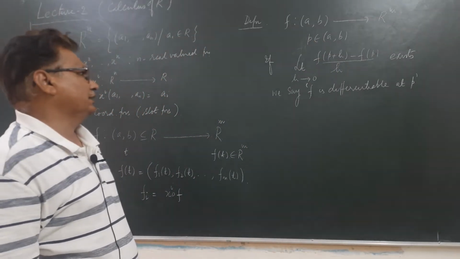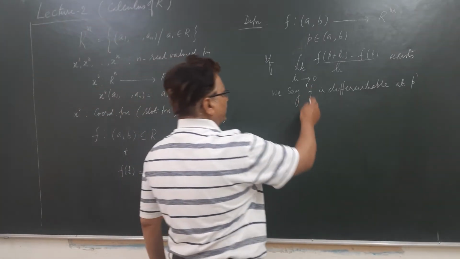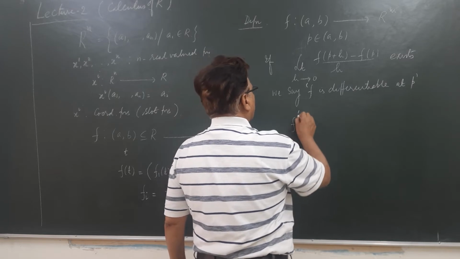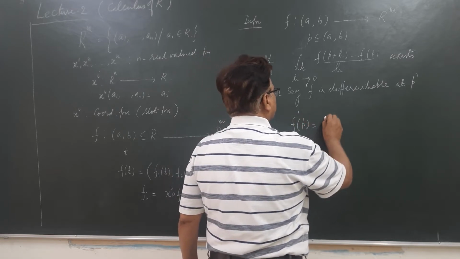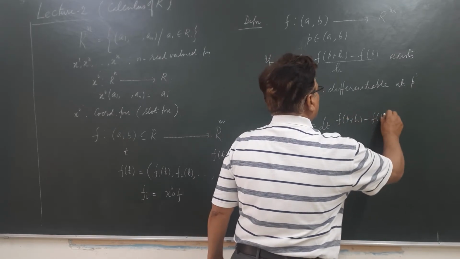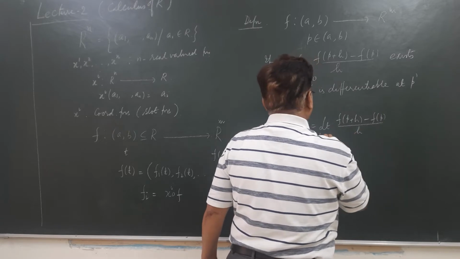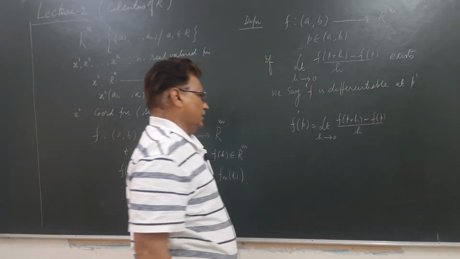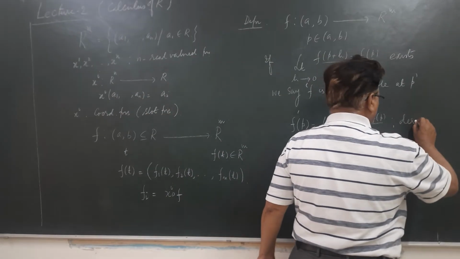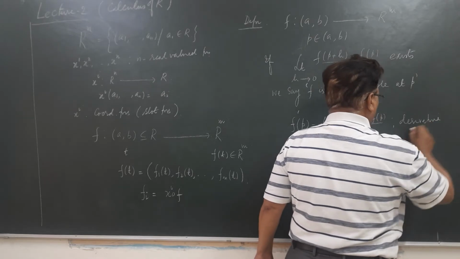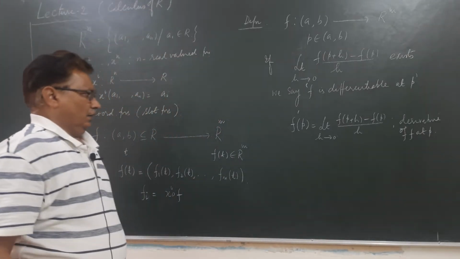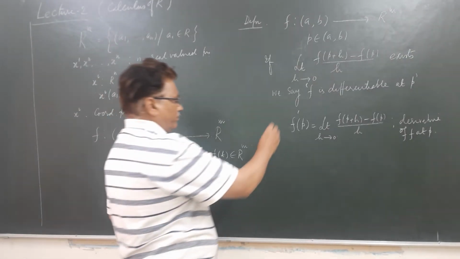I will denote this limit by the symbol f dash p: the limit of f(p+h) minus f(p) upon h as h tends to 0. This limit is called the derivative of f at p. All right, so this is the definition part.